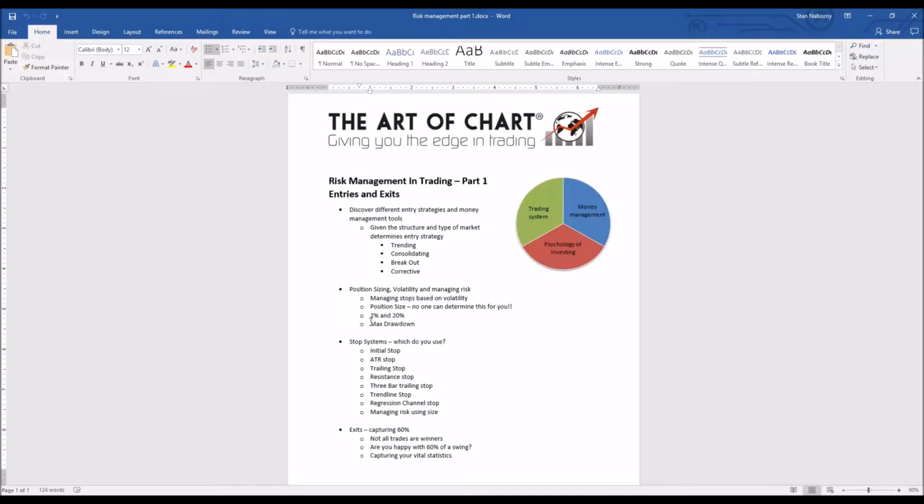But if you're a new trader trading futures with $30,000 and you're risking 10 to 20% of your account size in a trade, I think that's a formula for blowing up your account. I really do. And if you have a small account size, you might be better off trading options. That's my caution.